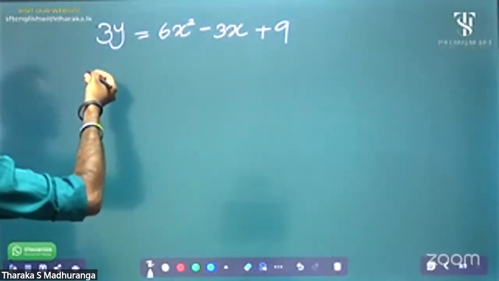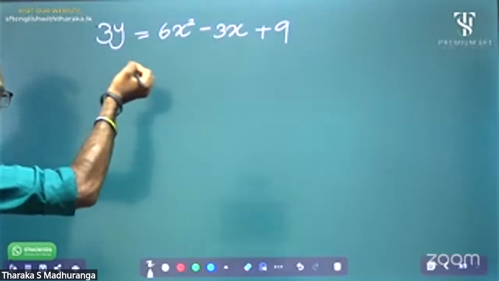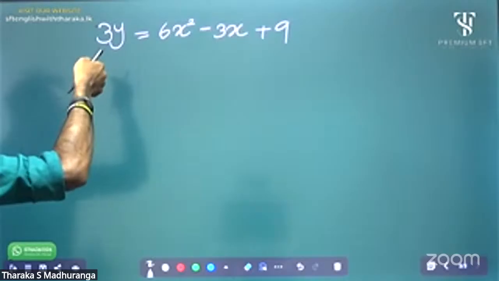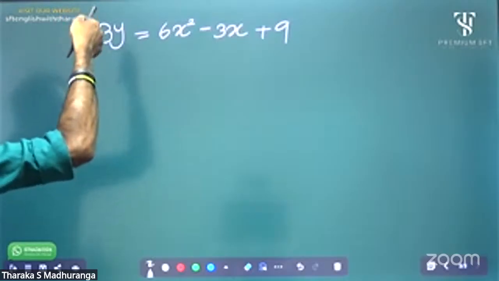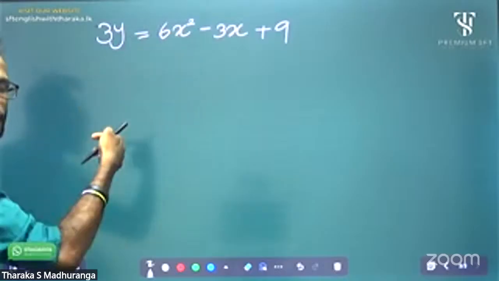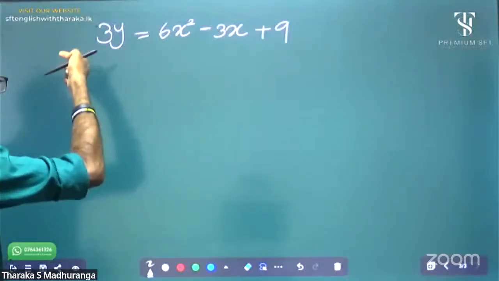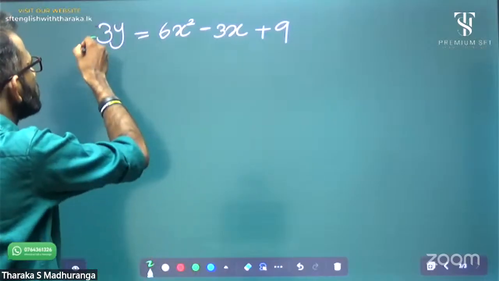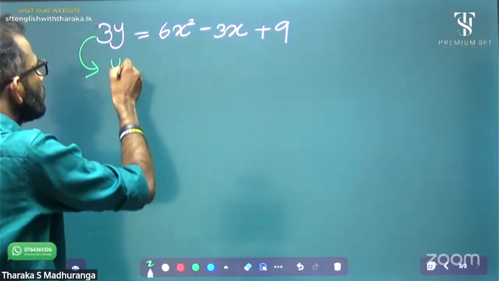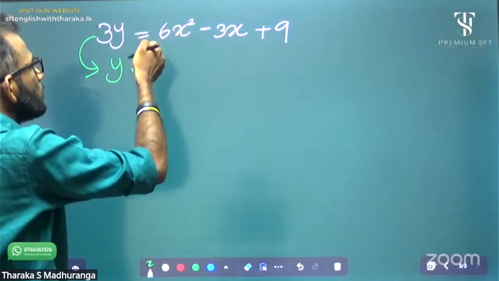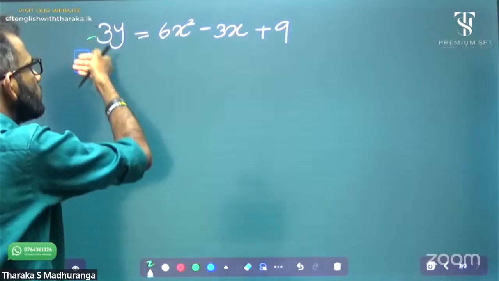First of all, you have to prepare this equation into the common order. Now it is not given in common order. What's the common order? Y equal ax squared plus bx plus c is the common order. Now it is given 3y, which is not in the common order. How to convert into common order?